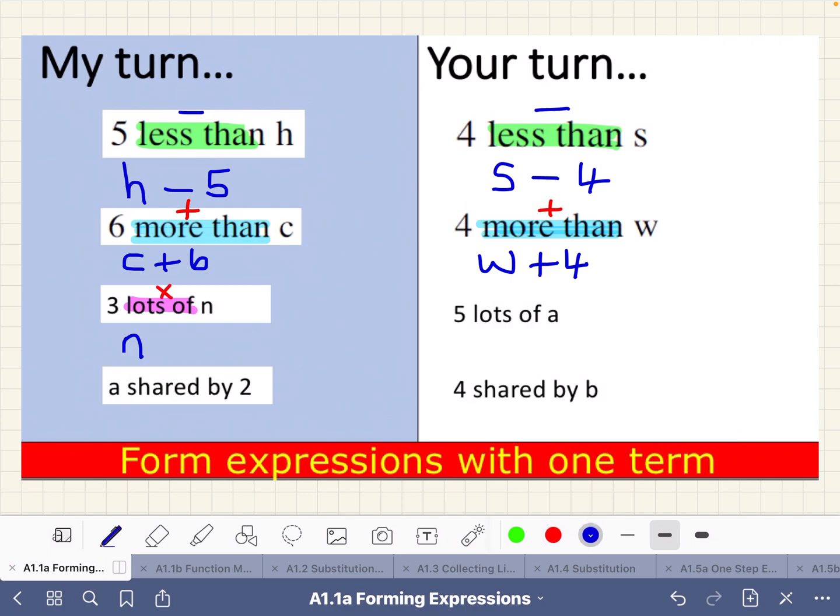That means I have 3 multiplied by N. In this case, we don't usually write it in that way. The number comes first, the letter comes second, and the multiplication sign disappears between it. It's still there, but it disappears between it. Try the your turn question while you press pause.